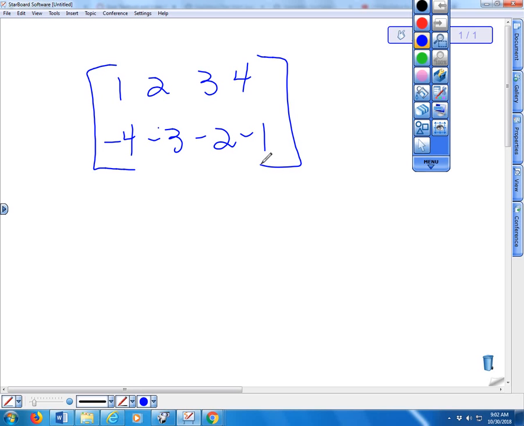And matrices are identified by rows, the number of rows, and number of columns. So those of you that have a hard time remembering what a row and what a column is, rows go out horizontally, columns are up and down. So this is a row, this is a row, this is a column.